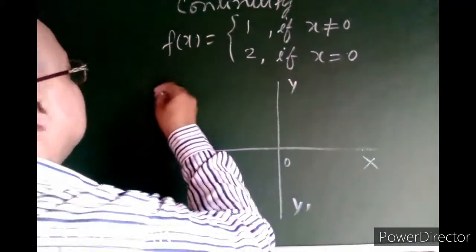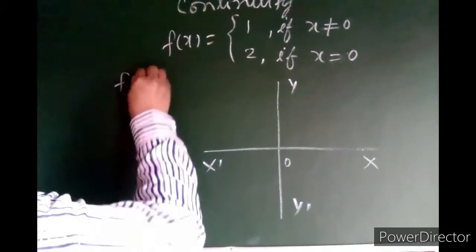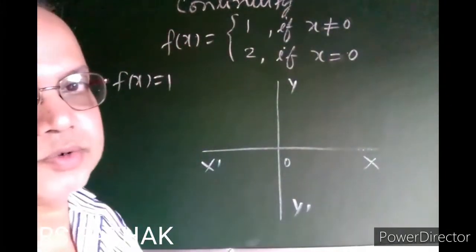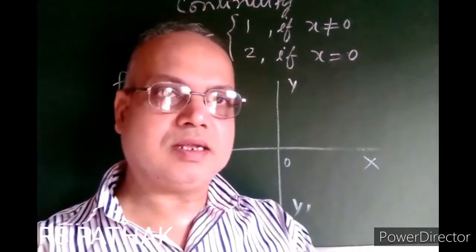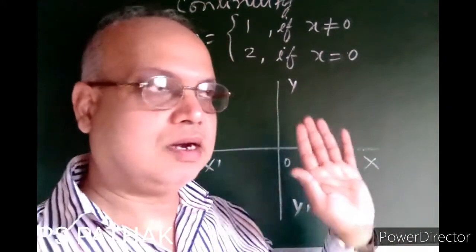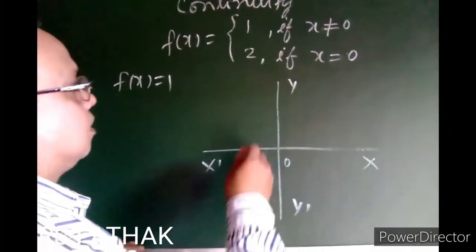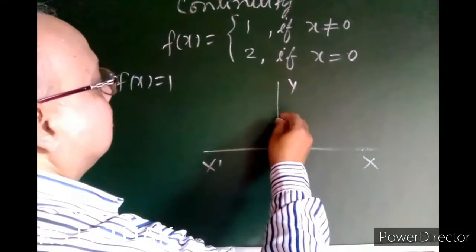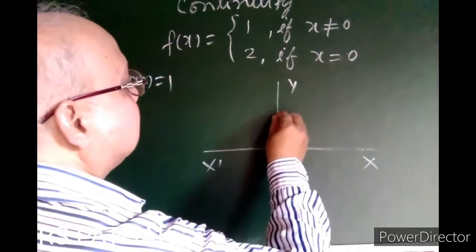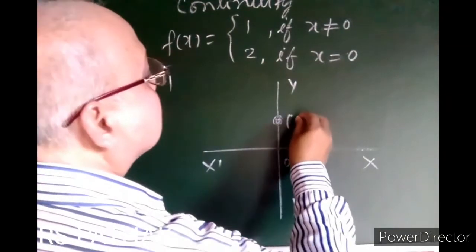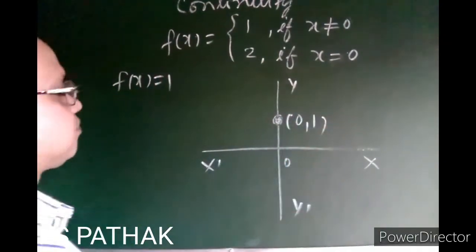Here f(x) is 1 if x is not equal to 0. Not equal to 0 means it will be on the left hand side, the negative side. The value of the function is 1. Let us suppose this point is (0, 1).